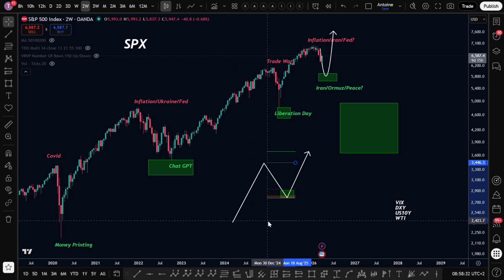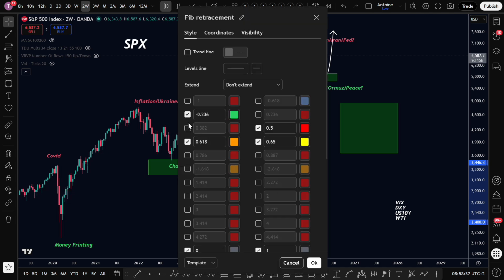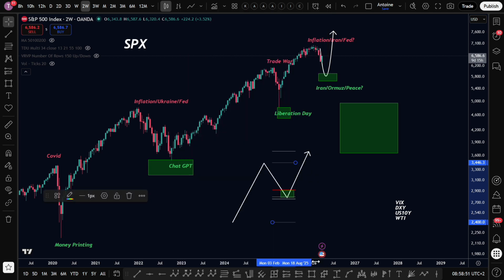And what you're going to have is key retracements. The key retracements are the 50% retracement and the 61.8 retracement. You're going to add also the 65% retracement, and you'll have a golden zone comprised of those two latest retracements.